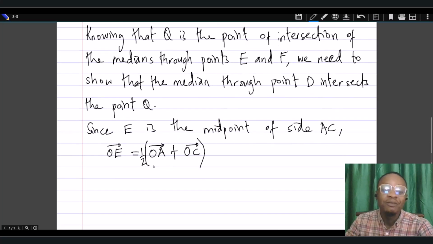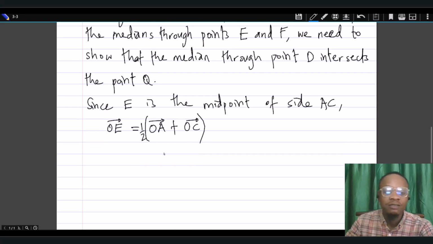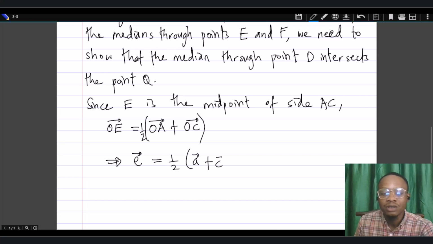And of course, we now know that a better representation for this is that OE is the position vector of point E relative to point O. OA is the position vector of point A relative to point O, and OC is the position vector of point C relative to point O. So if we let the point E now represent this OE, we can say E will be equal to 1 over 2 into A plus C, since we have the same reference for all of them.